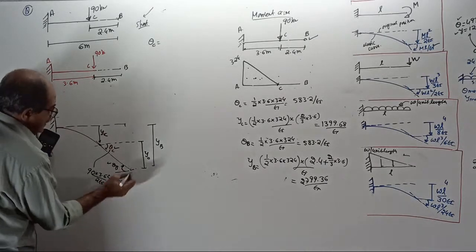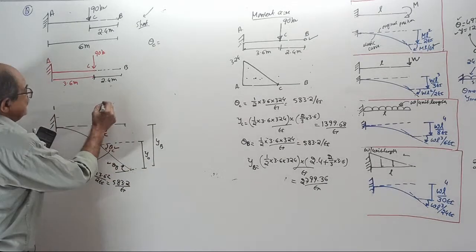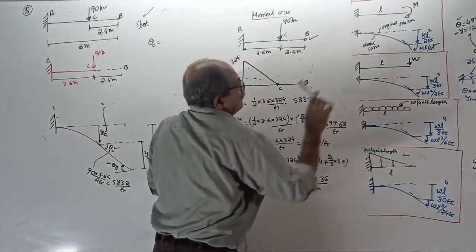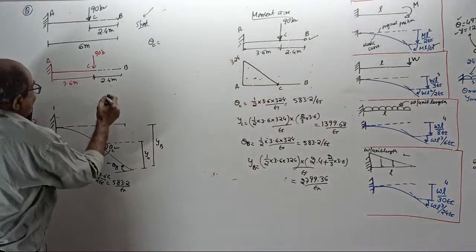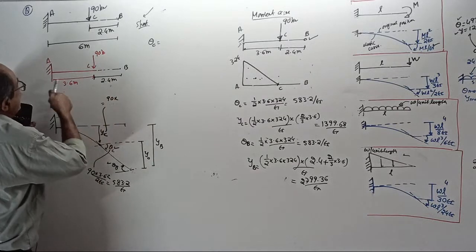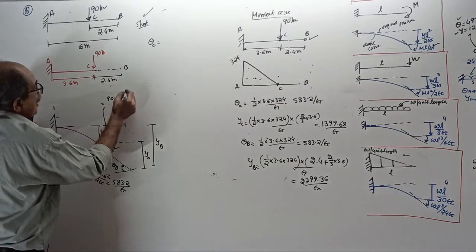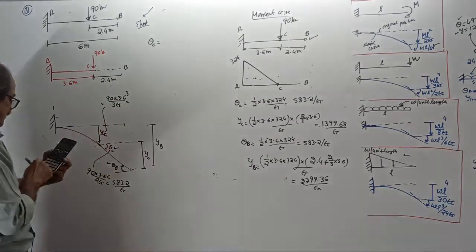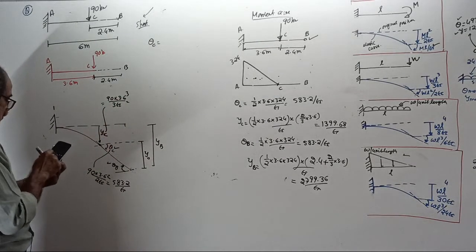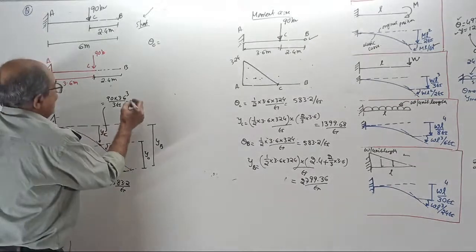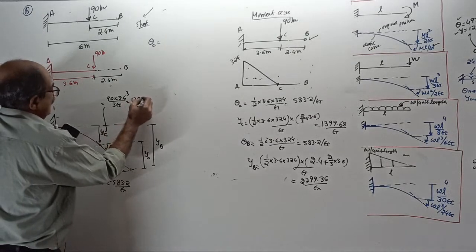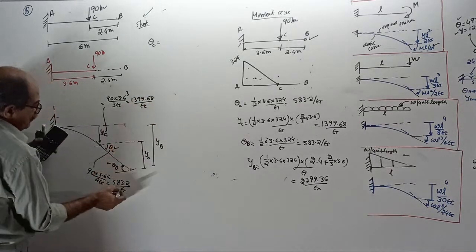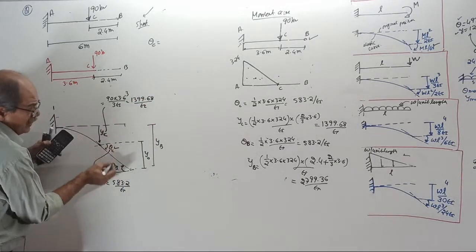583.2 by EI. And deflection at C equal to, see here, cantilever deflection WL cube by 3EI. W is 90 into L is red color, 3.6 cube divided by 3EI. 1399.68 by EI. Now, theta B equal to theta C only.